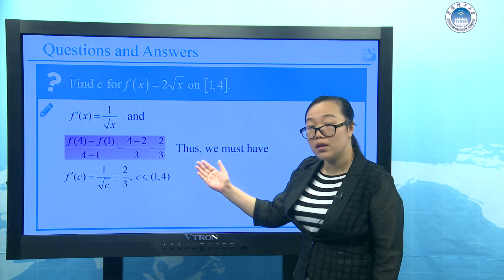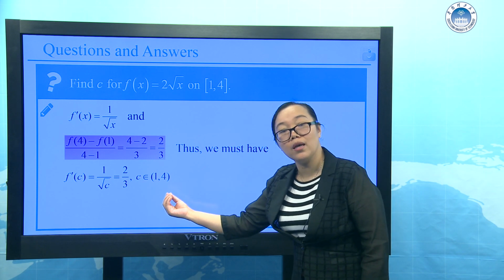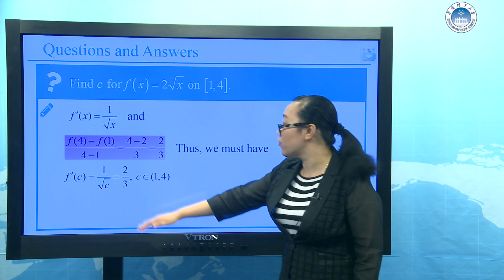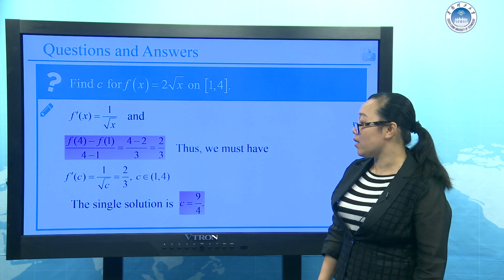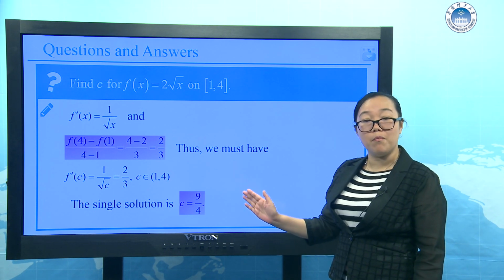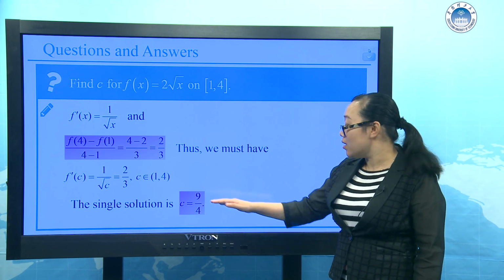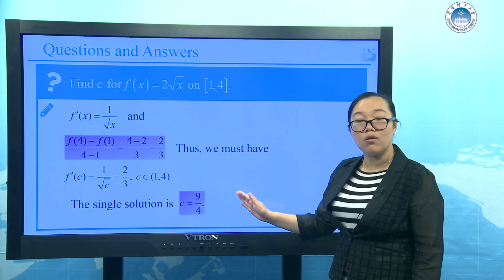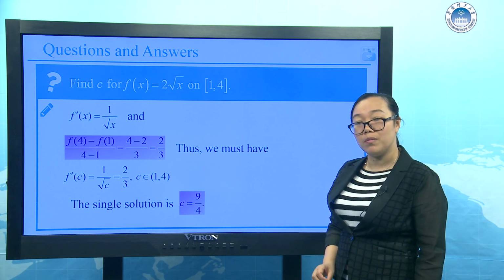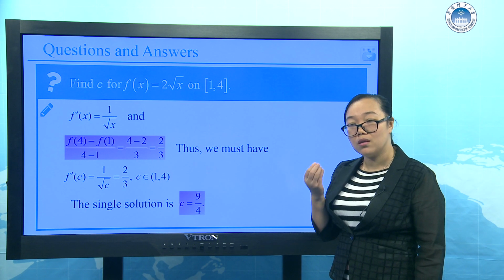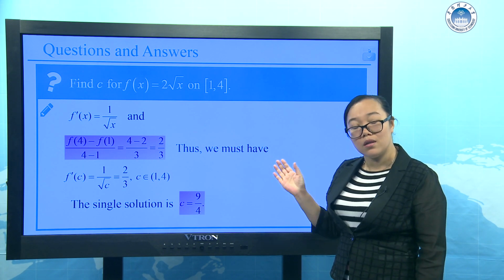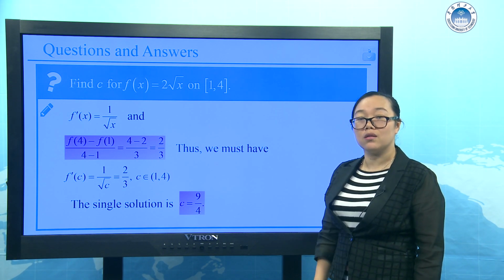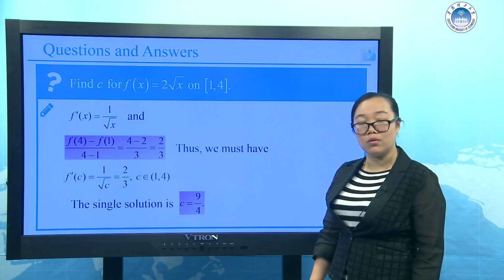C is some interior point between a and b. So for this equation, we get the single solution, c equals 9 over 4. The question is how to find the point c satisfying our mean value theorem.